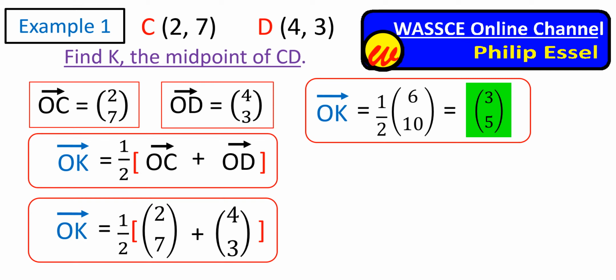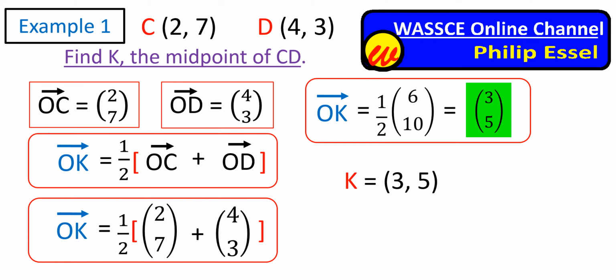But I'll need us to remember that the question did not ask us to find the position vector OK, but it asks us to find the point K. So what it means is that we have to convert this position vector back into the point K. So we would have to write it in coordinate form. So let's quickly do this. So when we do this, we would get our point K to be equal to (3, 5). I hope that was very easy.